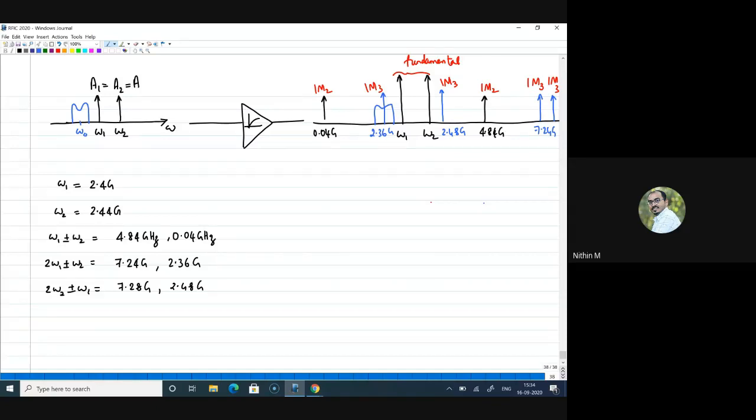Now what is happening here? If it is falling on the desired signal, the desired signal will be corrupted, right? So that is actually a serious condition, right?